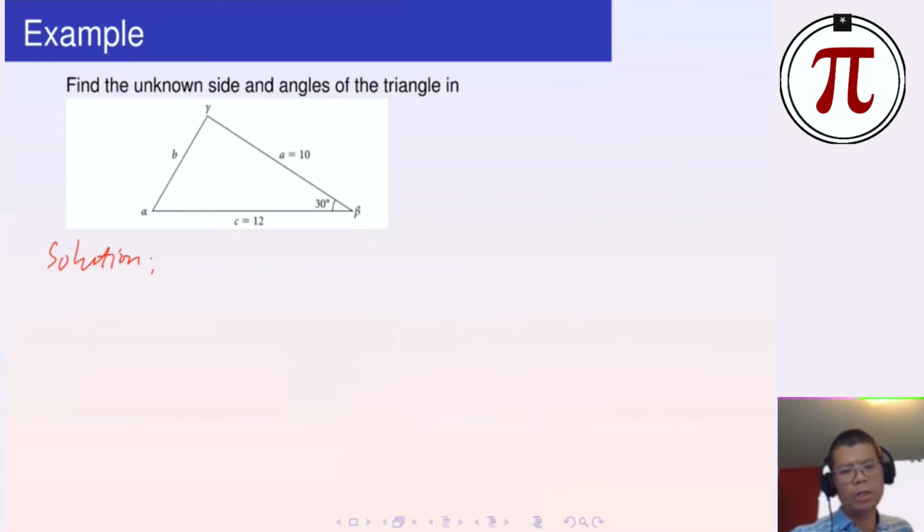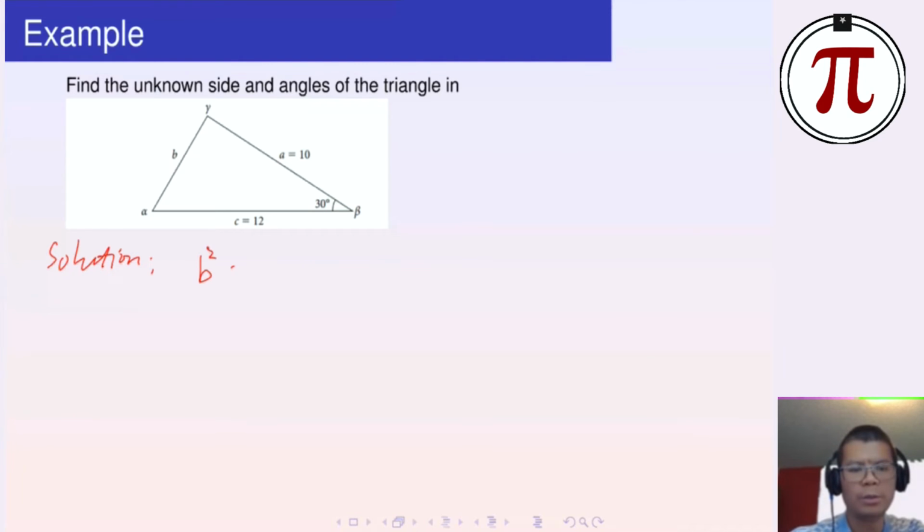We're given a and c and the angle beta. Now, can we find the unknown side b? Yes, we can. So b is the opposite side of beta.